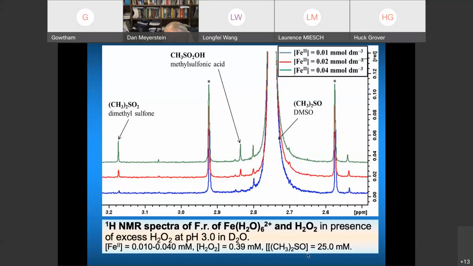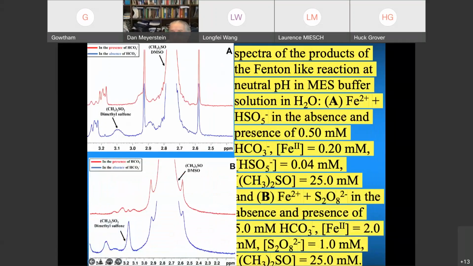On the next slide, we did the same thing with, instead of hydrogen peroxide, we oxidized iron 2 with peroxymonosulfate or peroxysulfate.